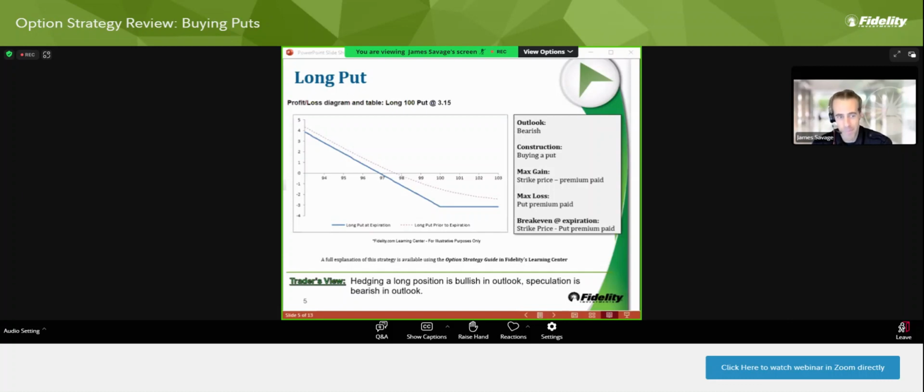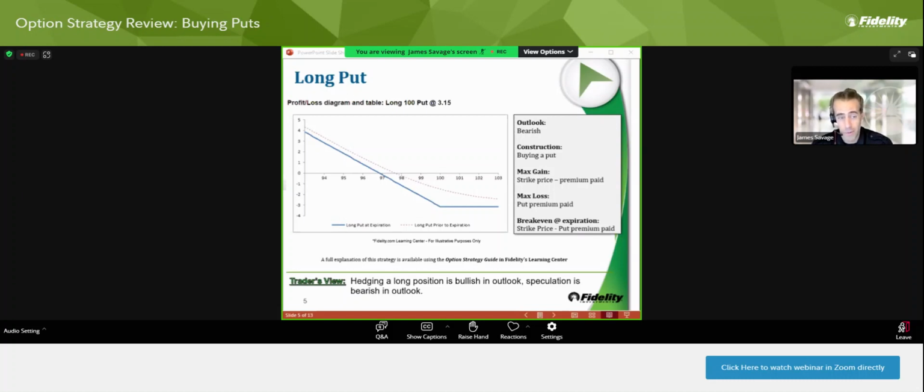So in our example, where we have a long 100 strike put that we're paying $3.15 for, what is that math, that strike price and the premium? So the difference between that strike price and the premium, 100 minus 3.15, is going to be 96.85.